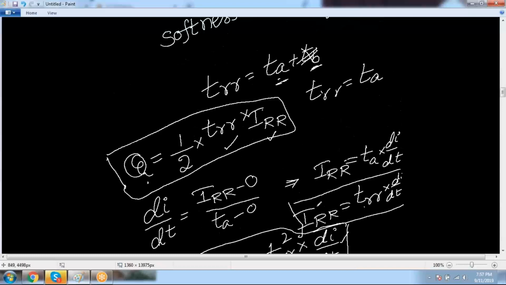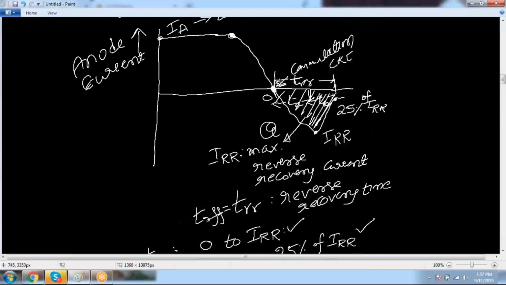Now students, concentrate here. When the diode is to be off, the anode current of the diode should come to 0, but it takes some turn-off time. Based on this turn-off time, the devices are classified.